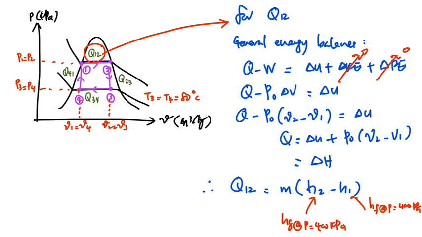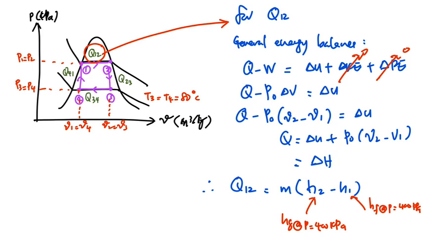Okay, for the first heat transfer, from process 1 to 2, which is represented by Q12. First, we need to start with the general energy balance: Q minus W equal to delta U plus delta KE plus delta PE.